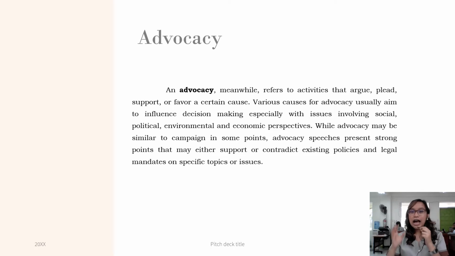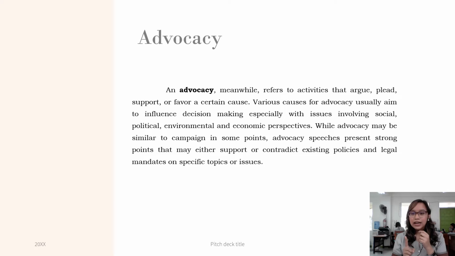Next one, we have advocacy. Advocacy refers to the activities that argue, take note, these are the activities that argue, plead, support, or favor a certain cause. Various causes for advocacy usually aim to influence decision making, especially with issues involving social, political, environmental, and economic perspectives. So there is a huge difference between a campaign and an advocacy.